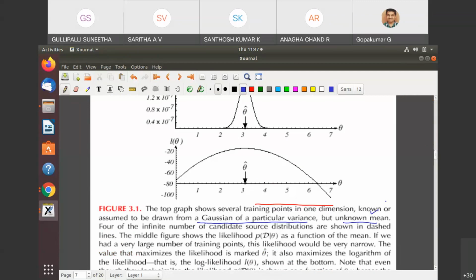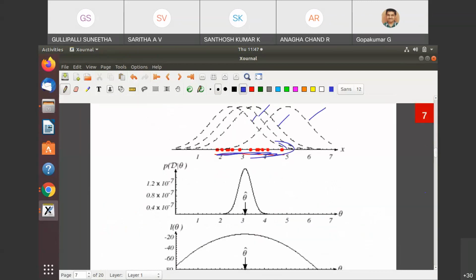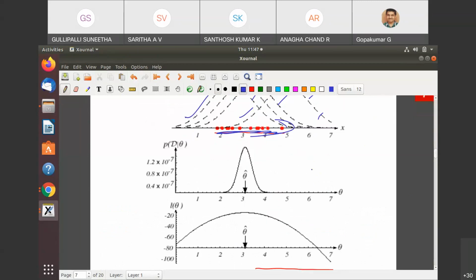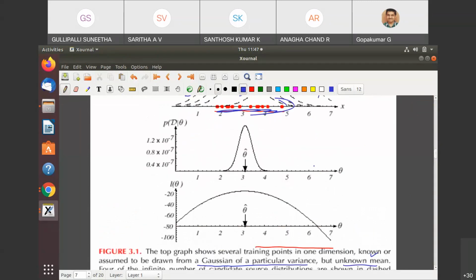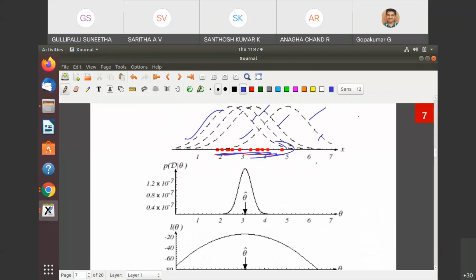These are just four cases, but we can have an infinite number of such probability distributions. Just to keep it simple, they have included only four cases. Now if you look at this diagram, it represents the probability that we are trying to maximize.